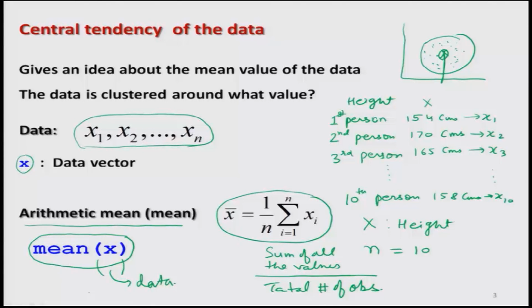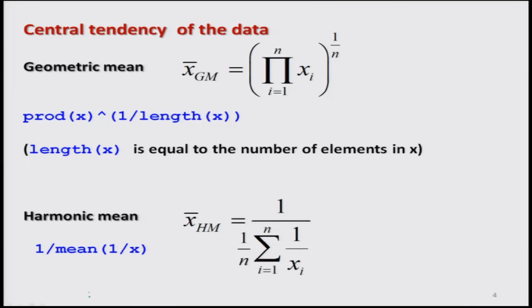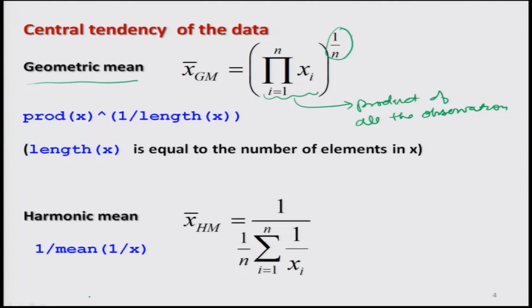So, now the next measure we are going to consider is the geometric mean. We all know that this is defined as the product of all the observations and then we take its nth root.